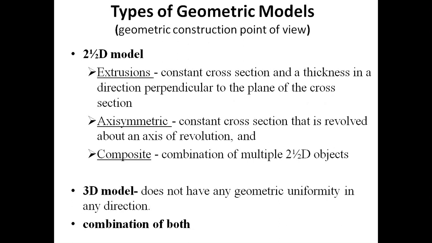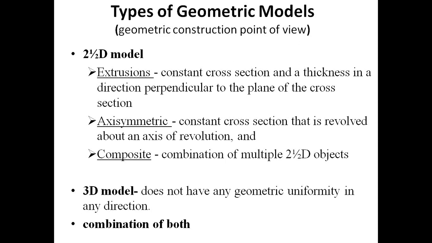Now let us see types of geometric models, and these are based on the geometric construction point of view. There are three types. First is the 2.5D model. Second is the 3D model, and third is a combination of both. Please keep in mind this classification is based on the geometric construction point of view.